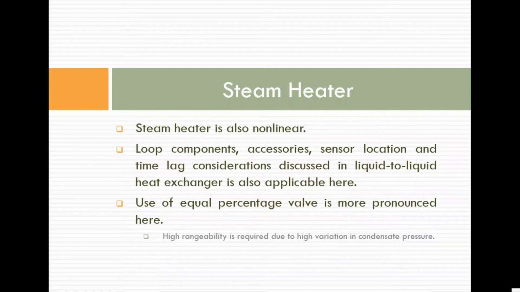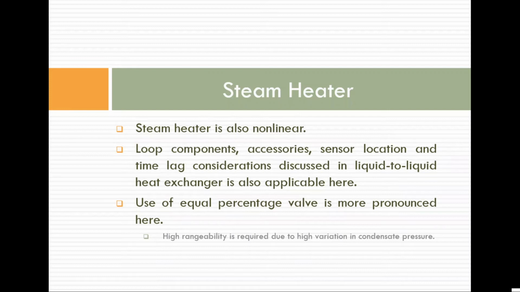For that purpose, a steam heater is used. If the process is demanding a steam heater, the variation of process gain of such a process is large compared to the liquid to liquid heat exchanger.